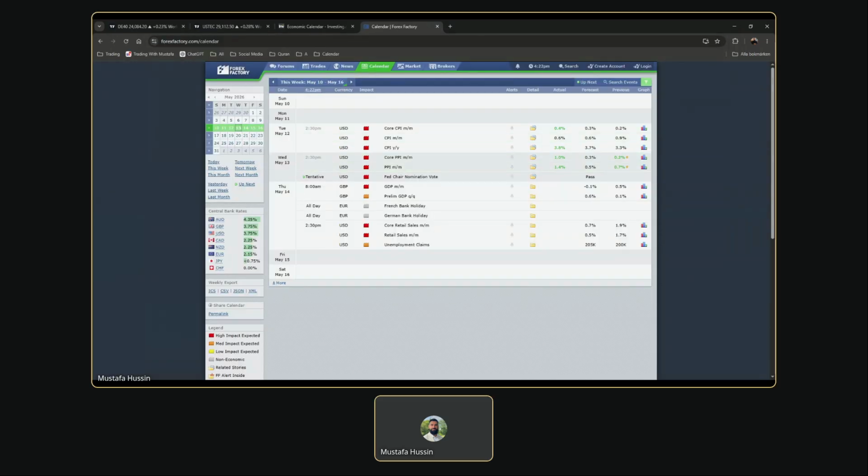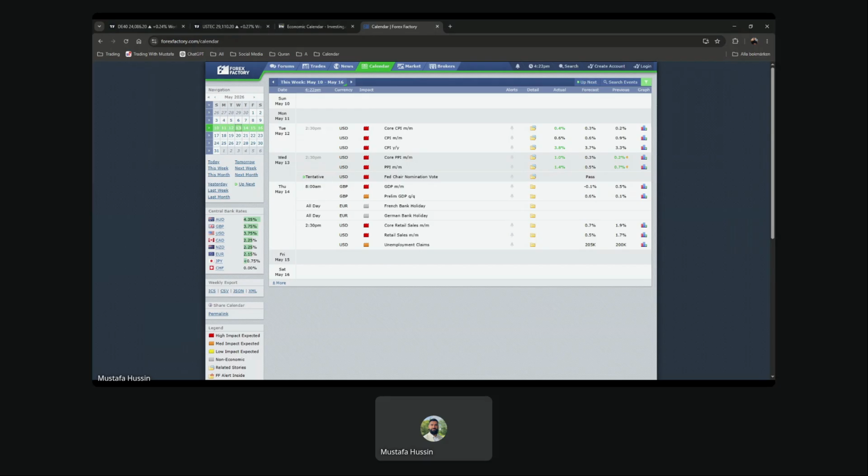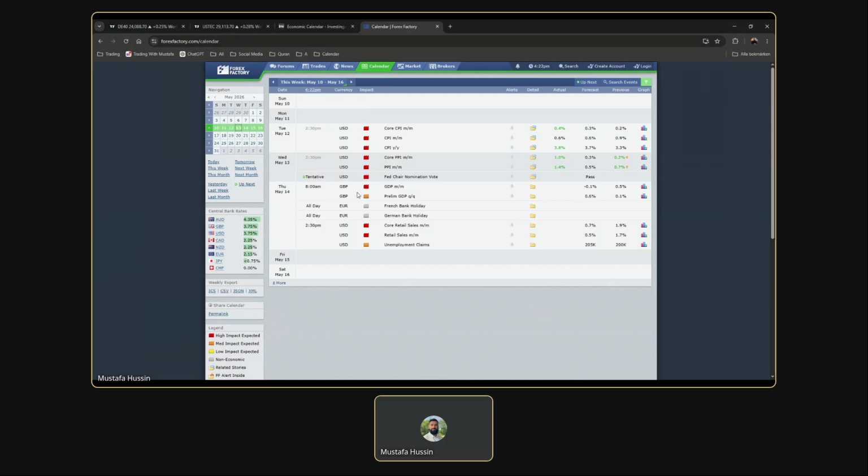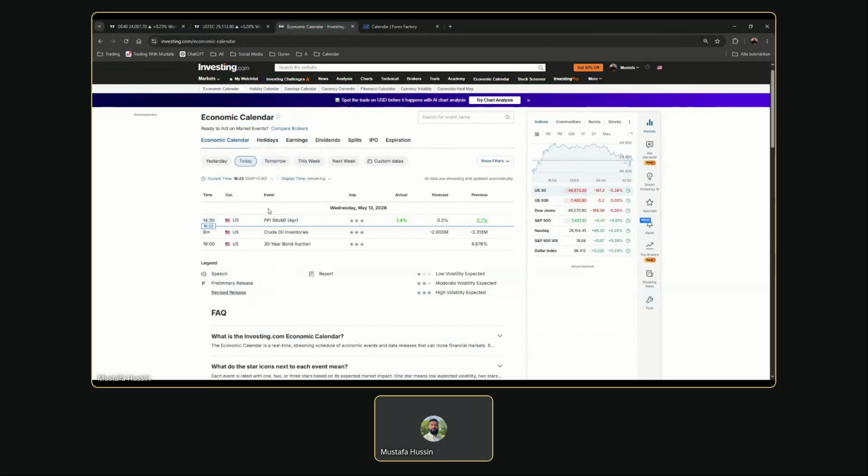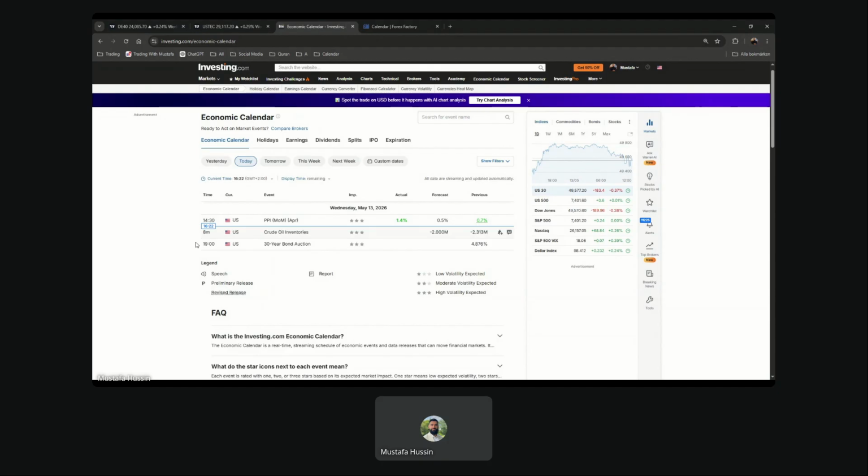Today is Wednesday, the 13th of May. There's no high impact news on the Forex Factory. However, there's high impact news on crude oil inventories happening in about 8 minutes.